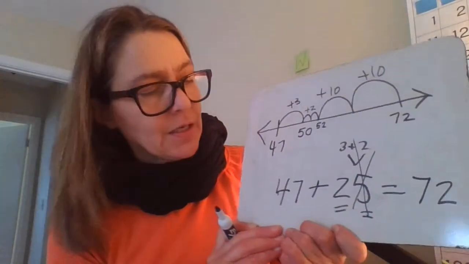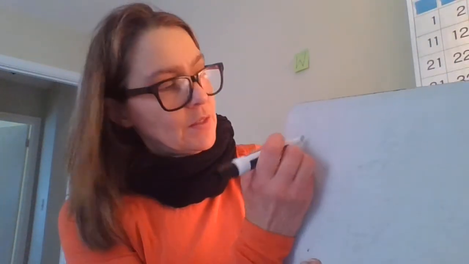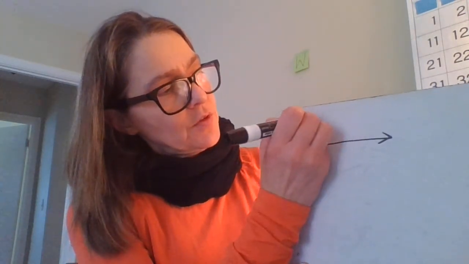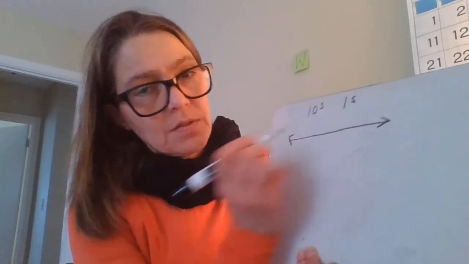There's 3 different ways here that you can use to solve a 2-digit addition equation within 100. Okay, so the first one we'll review was adding the tens first and then the ones.